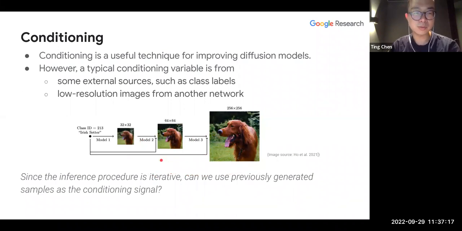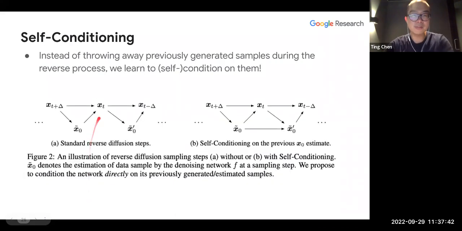But here, the question we ask is: since the inference procedure is iterative, where you generate one step and another step until you get to the clean image, can we use previously generated samples as the conditioning signal? Because it's using previously generated samples, we call it self-conditioning.